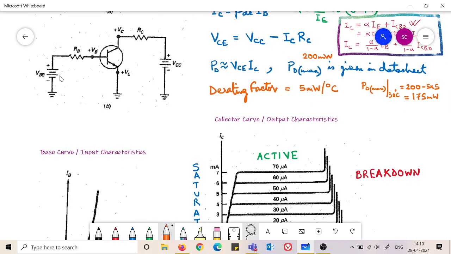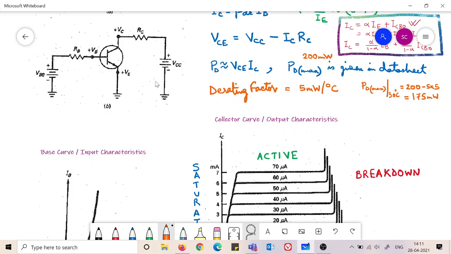You can see that this current is quite independent of the rest of the circuit. This IB current is simply set up by this VBB voltage. Whatever you set this voltage to, this VBE drop is constant always. So this IB current simply depends on this voltage. If you increase this voltage, IB will keep on increasing.